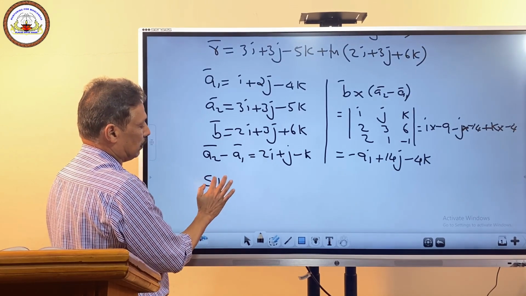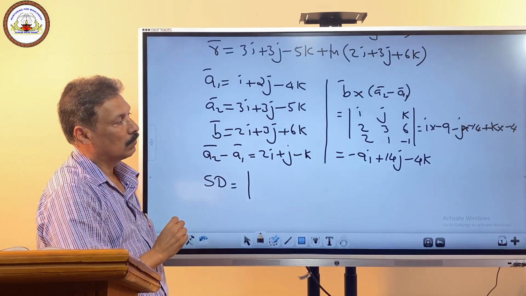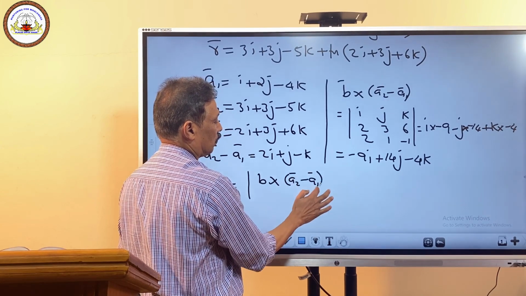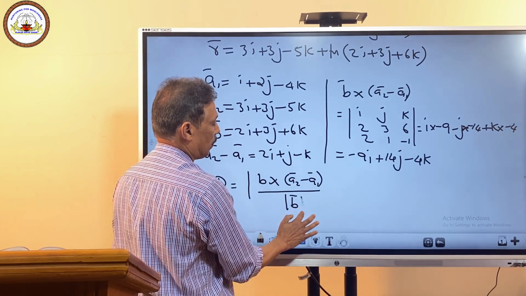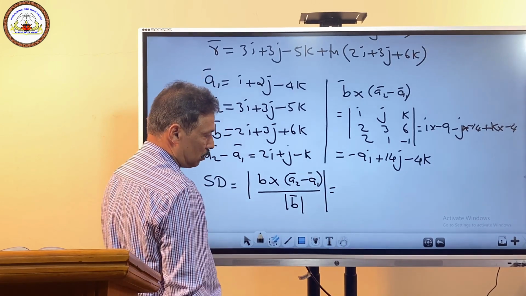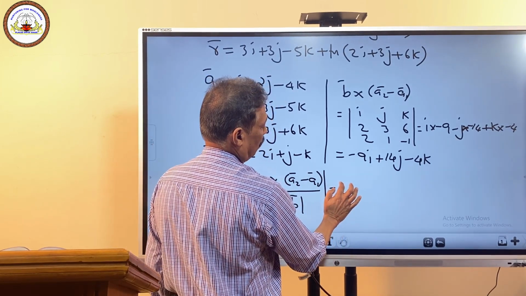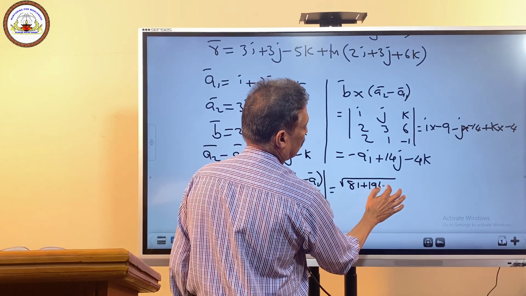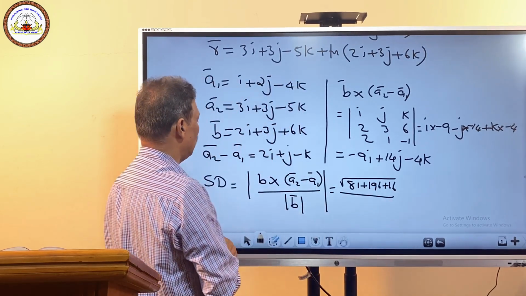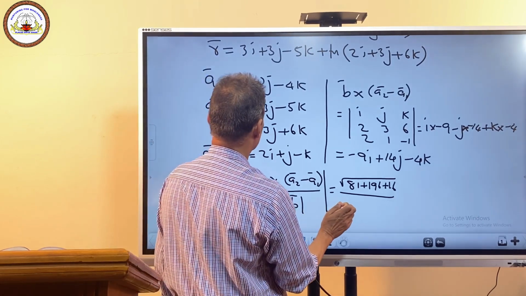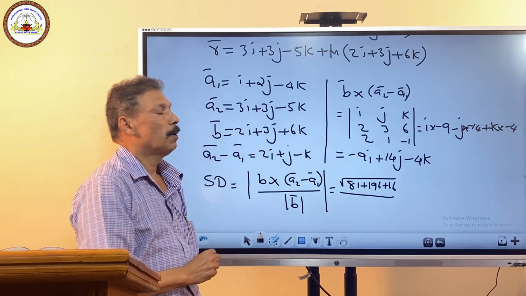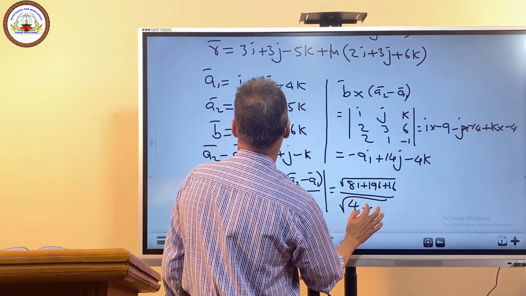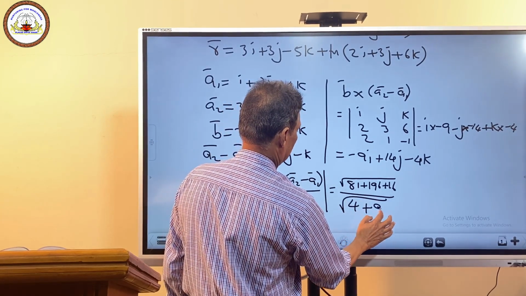Then the shortest distance is modulus of B cross A2 minus A1 divided by mod B, equal to the root of 81 plus 196 plus 16, divided by the root of 4 plus 9 plus 36.